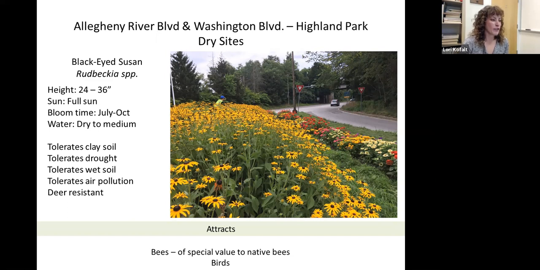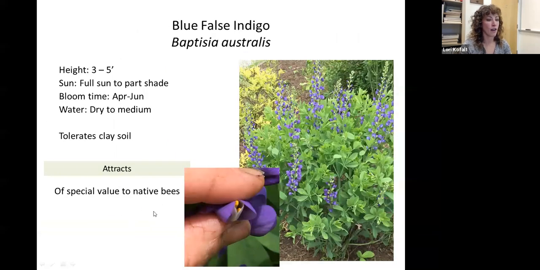You can see the list of attributes here, but it'll put up with a lot. You'll find a lot of bees, butterflies, and birds on this plant as well. And it holds its flowers for a really long time. So it's great. We use that often.